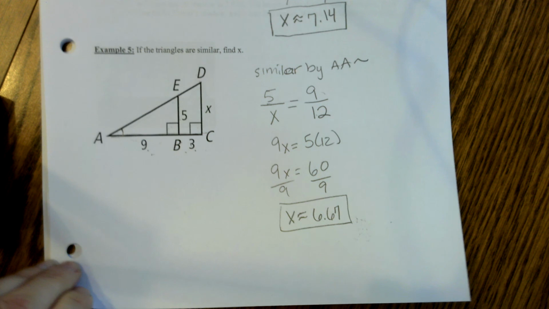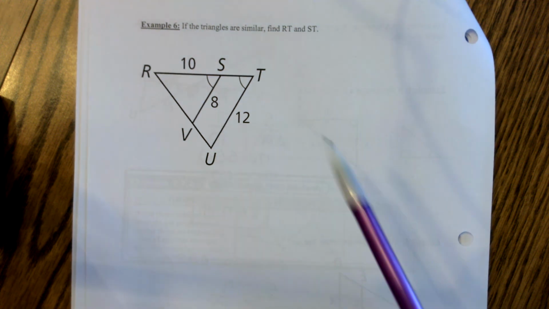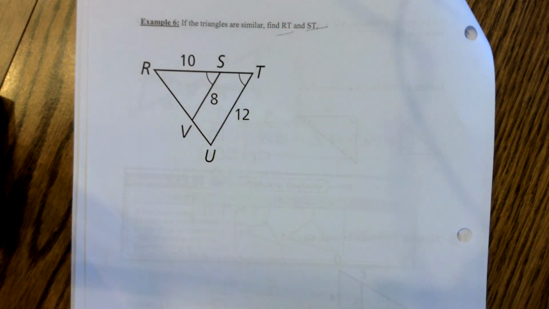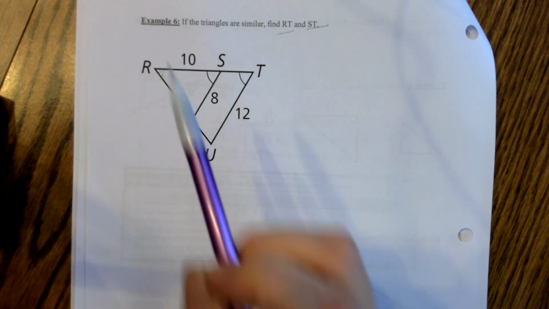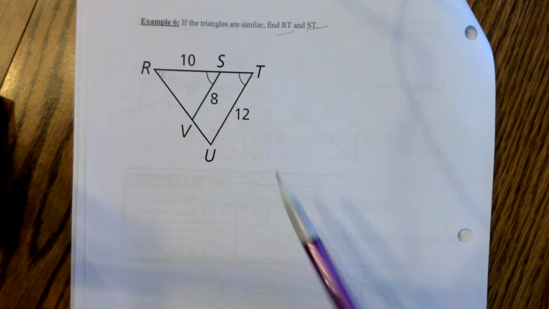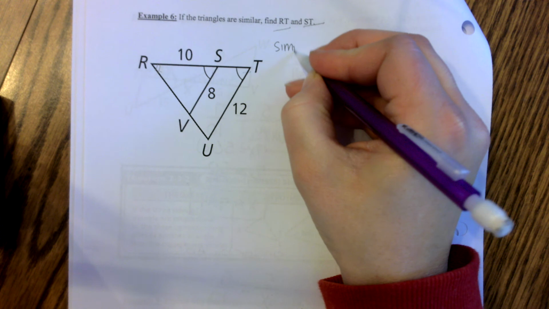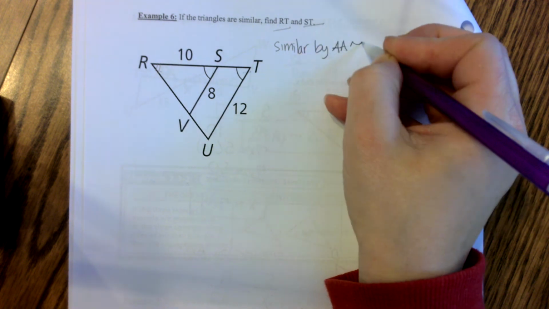Moving on to the last example. Example 6. If the triangles are similar, find RT and ST. So again, they share an angle R, and angle S is congruent to angle T, so they're similar by angle similarity.